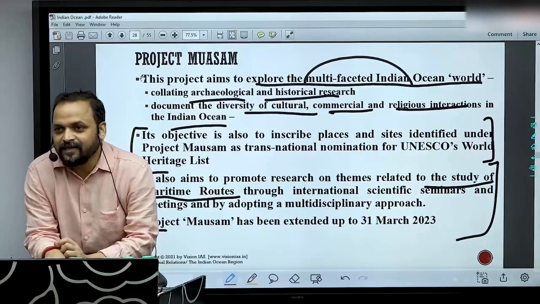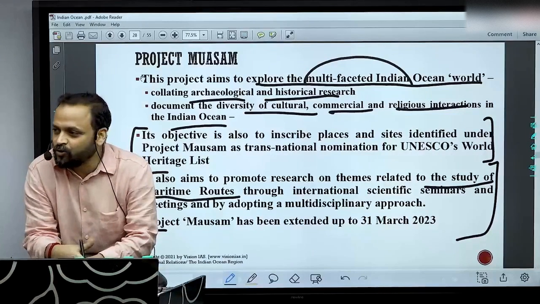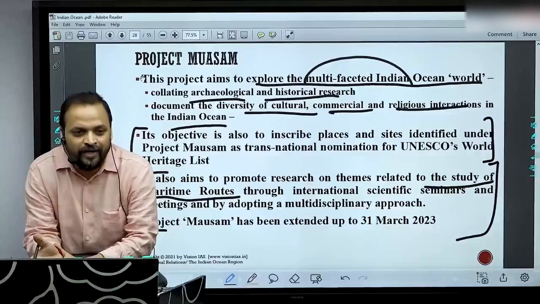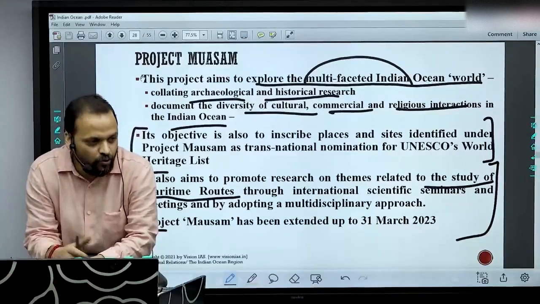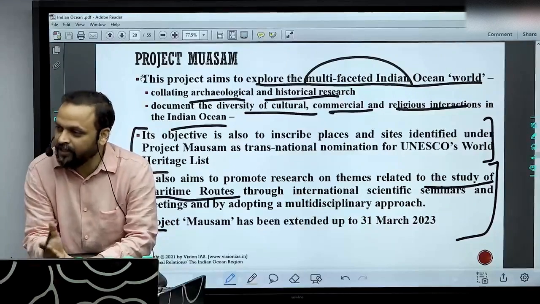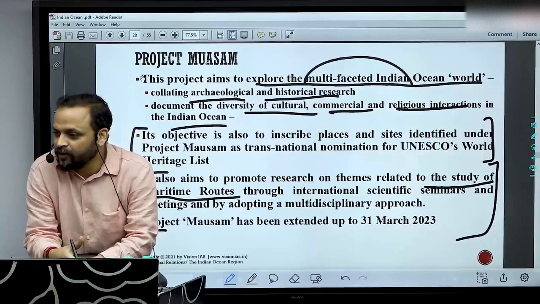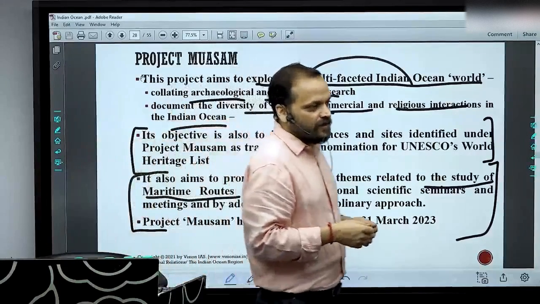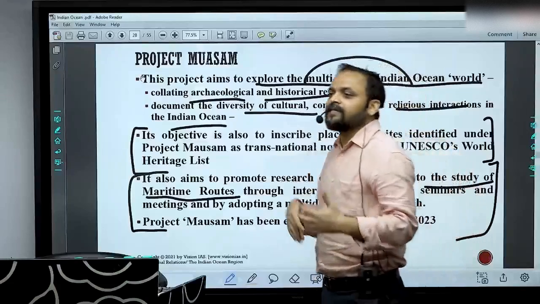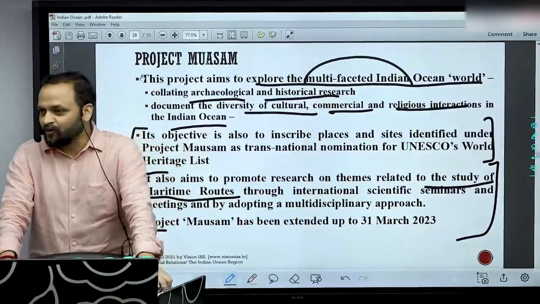So Chinese engagement with this region is generally traced back to the 15th century voyages that the Chinese undertook to the Indian Ocean region. They came to Sri Lanka, they came to the Tamil Nadu coast, they came to other parts of the Indian Ocean region. So China, when it is promoting BRI, Belt and Road Initiative, is justifying it by citing that China also has old connections with the Indian Ocean region.